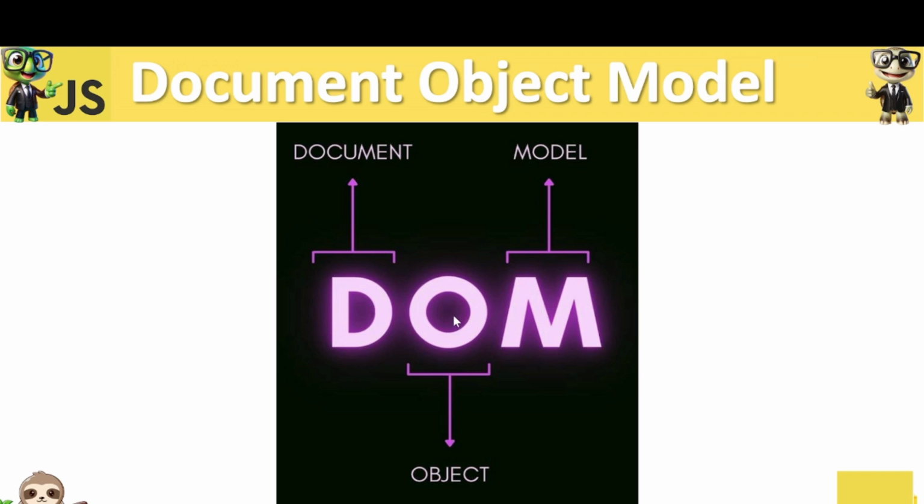But in a simple sense, whenever you're working with any web page, everything inside the web page is considered a document. Then that document can be referred to using the object notation, which has a specific model by which you can refer to this object. So everything you do inside your web page is based on this Document Object Model.